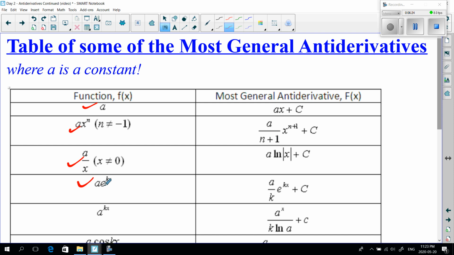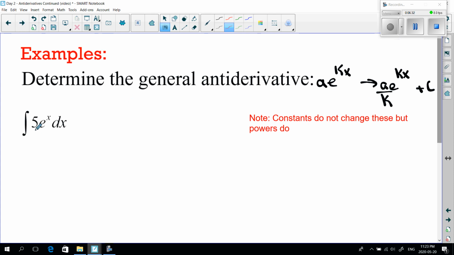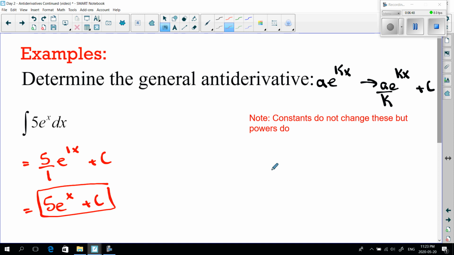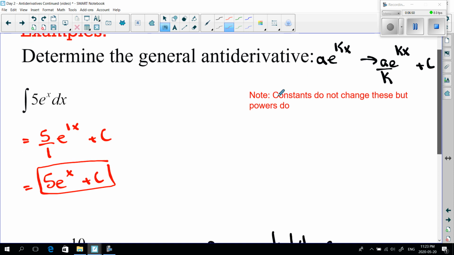It's a e to the kx is equal to a divided by k times e to the power of kx plus c. So in this case, my a value is a 5. My k value would be a 1. So I would go 5 over 1 e to the 1x plus c, or 5 e to the x plus c. Easy enough. And it says note constants do not change these, but powers do.